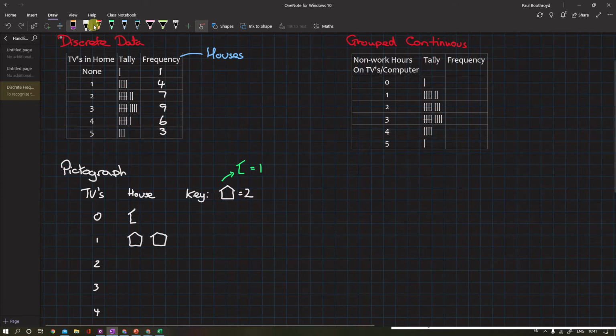So to get 7, I need to have 3 copies of a house. And that's 6, and we need 1 more for 7. And then that extra household is represented by half a picture of a house.